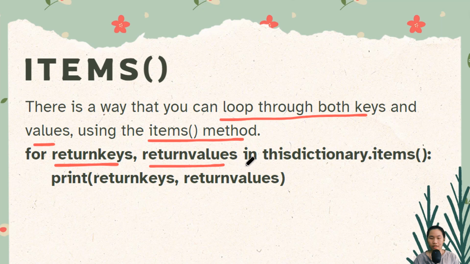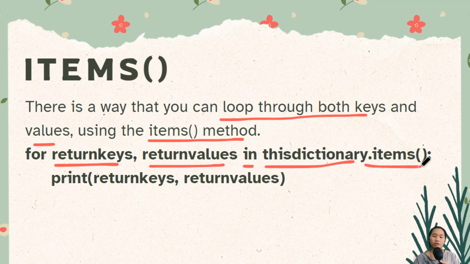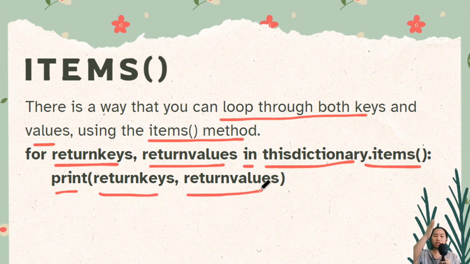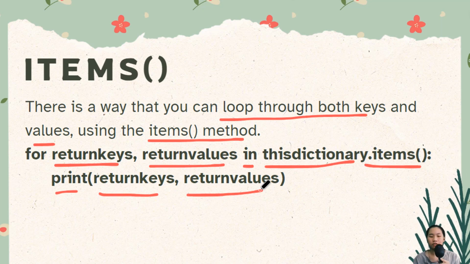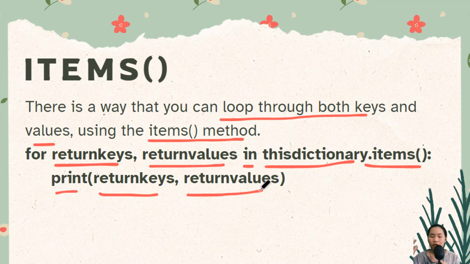Return values in this dictionary dot items, no need for any argument. Print return keys and return values, so you get the keys listed here and then you get the value listed afterwards, okay? And they would go in pair, so you won't have any sort of confusion on that part.